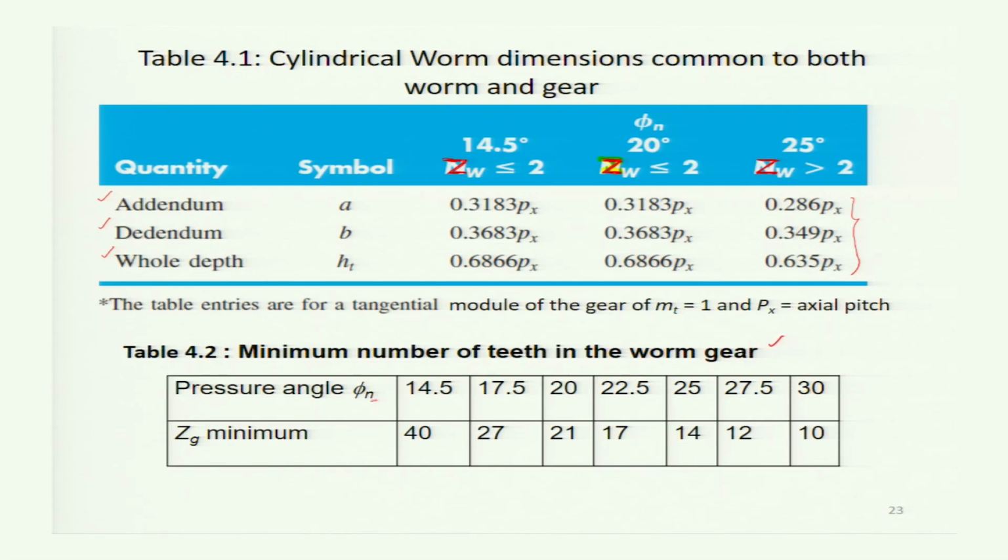For different pressure angles, the minimum number of teeth on the gear is given. So, if it is 14.5, the minimum number of teeth on the worm gear should be 40. With the increase in pressure angle, the minimum number of teeth on the gear is reduced.